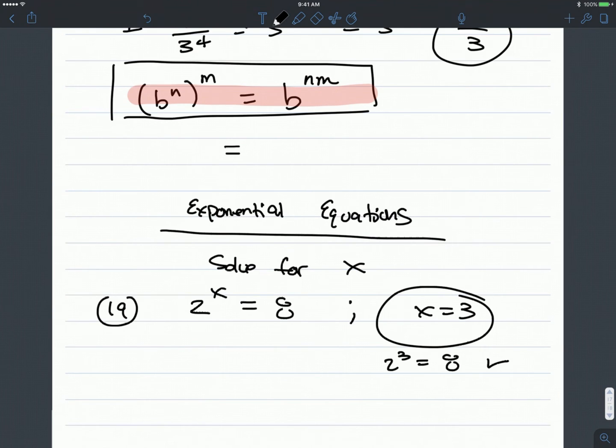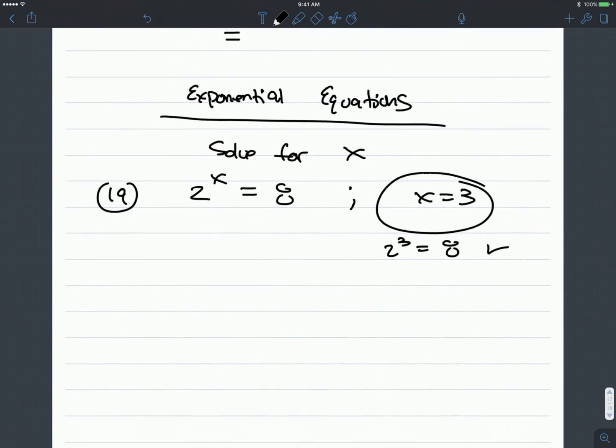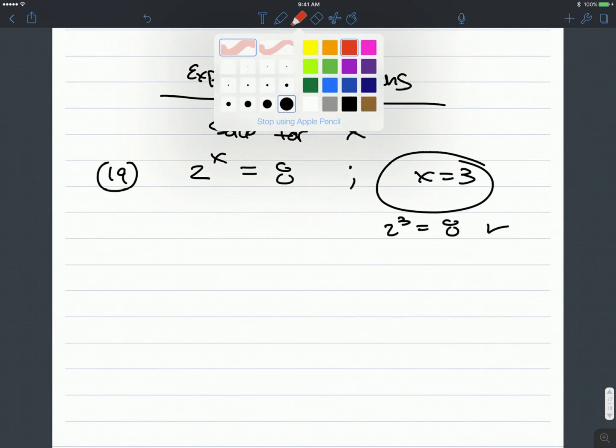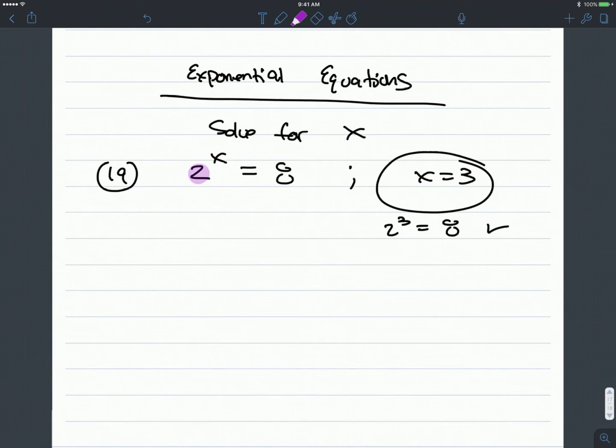Now, not all of them are done that easily in general. You can't just always guess the value. So here's what's going to happen now. I'm going to say to you guys, take a look at this. You see that my base here is 2? Now, what you want to do here is write this 8 with powers of my base 2.